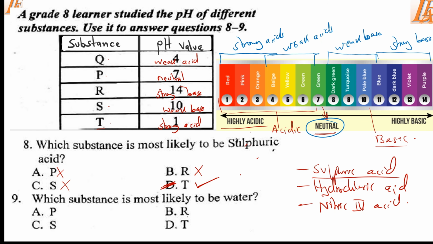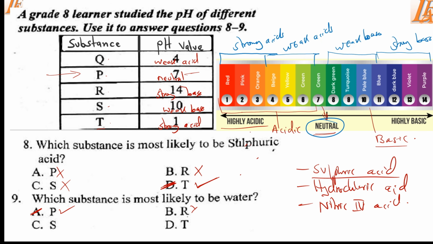Question 9. Which substance is most likely to be water? Water is neutral. So if water is neutral, then it should have a pH value of 7, because we have said at 7, that's where we have neutral substances. The substance with a pH value of 7 here is P. So A, P, this is correct. B cannot be.